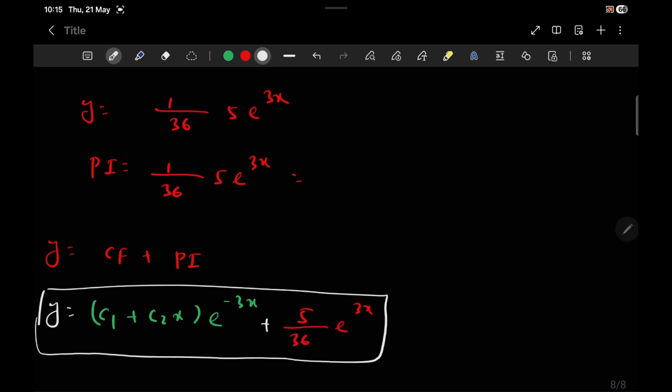So this is how you solve a higher order differential equation, by solving the complementary function and particular integral separately.